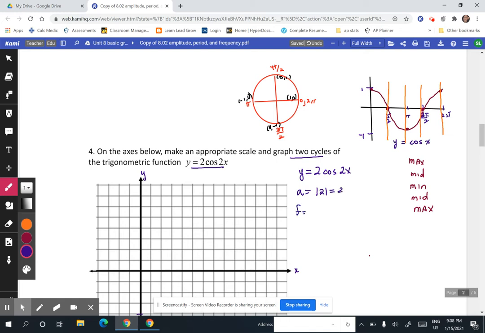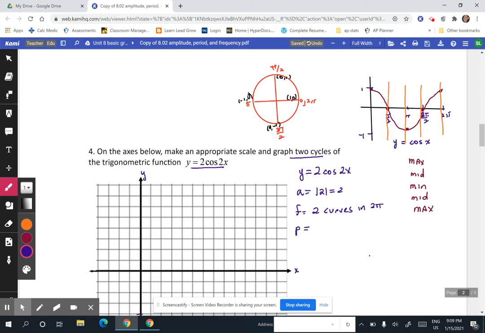The frequency is the number that appears between the name of the function and the angle input. In this case, x would be considered our angle, and we would just take the absolute value of the number before it, which is just 2. And this really means we would expect in an interval of 2 pi to see 2 curves.